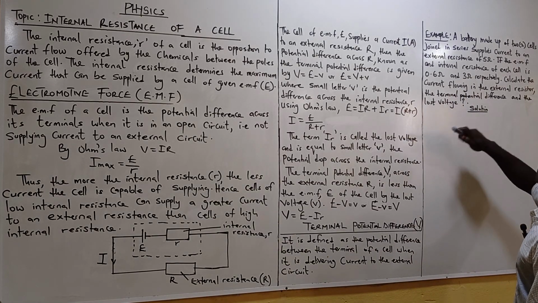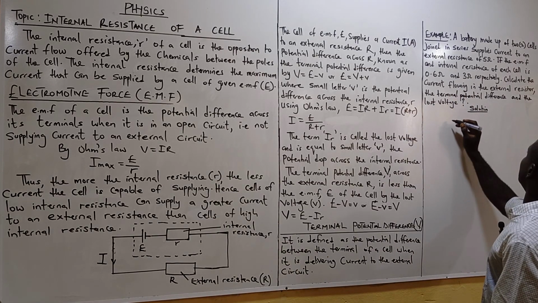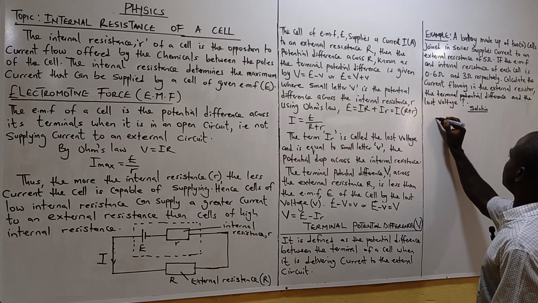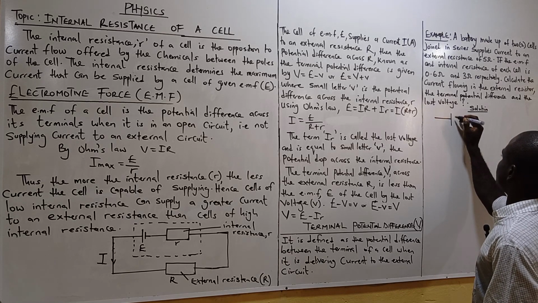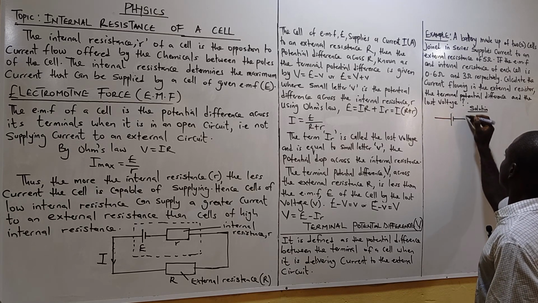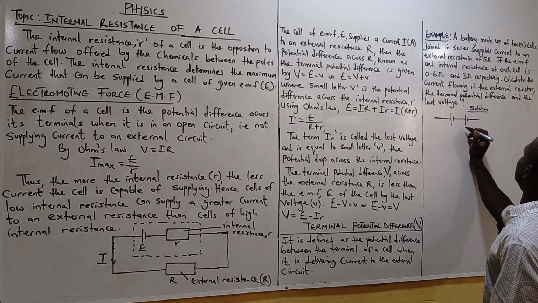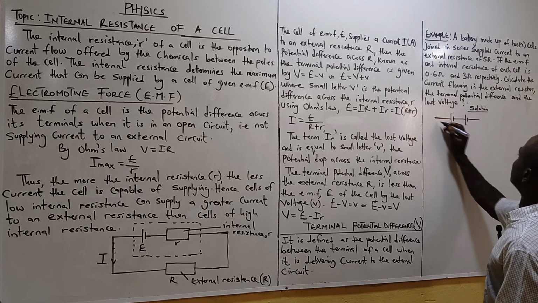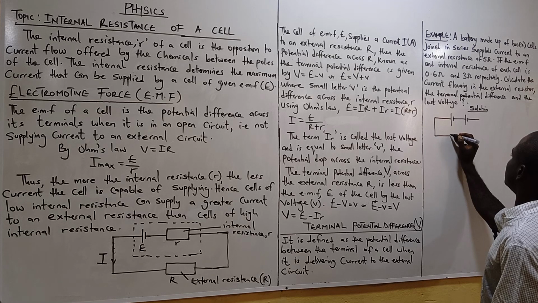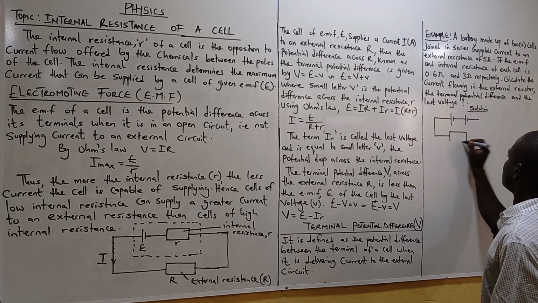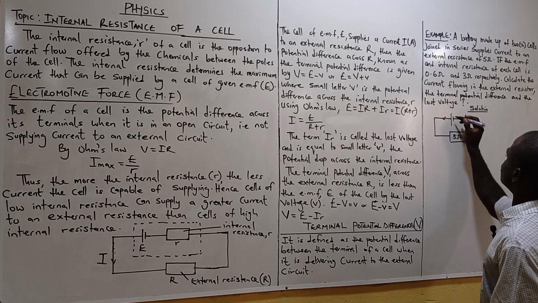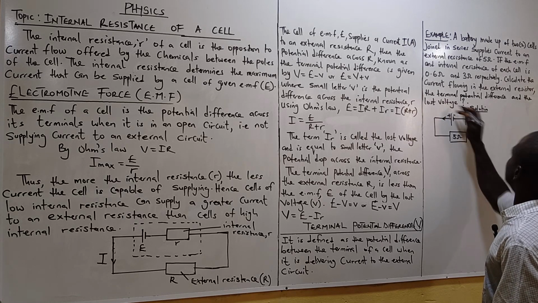Let's see an example: a battery made up of two cells. Let's draw it. This is one cell, joined in series. They are in series, supplying current to an external resistance of 5 ohm. Current flows to the positive terminal.